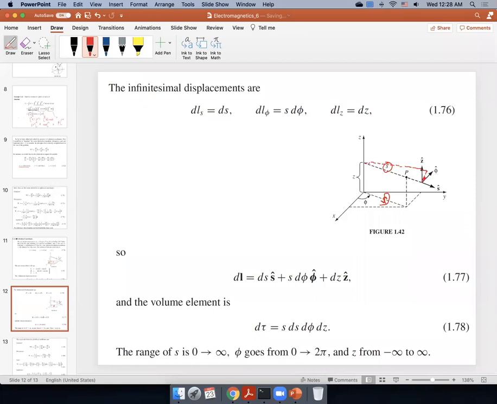Let's say this is the d phi direction, which is going this way.